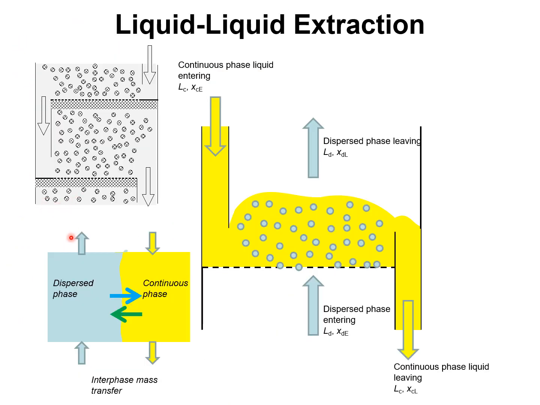Let's move on to liquid-liquid extraction, and we draw a precisely analogous picture for mass transfer in a sieve tray column, in which the rising droplets of liquid are contacted with the continuous phase. Generally speaking, mass transfer resistances are present in both the dispersed phase and the continuous phase, and both these resistances can be routinely accounted for.